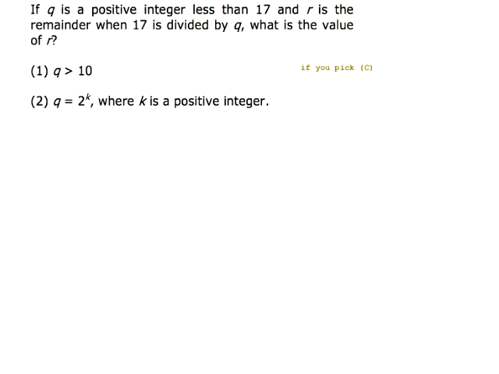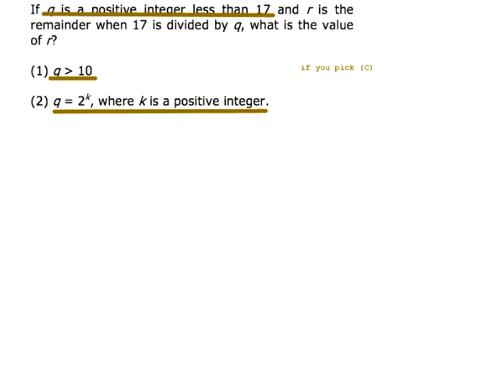If you pick C, let's just have a little heart-to-heart about that. If you pick C, what's going on here? Well, if you pick C, all you have to notice is that it's less than 17. There's only one number less than 17 that does both of these things.